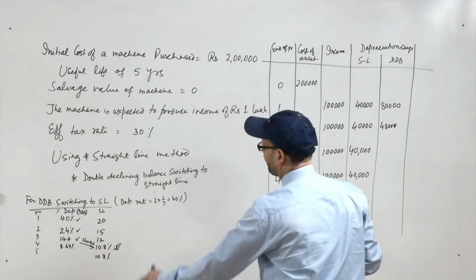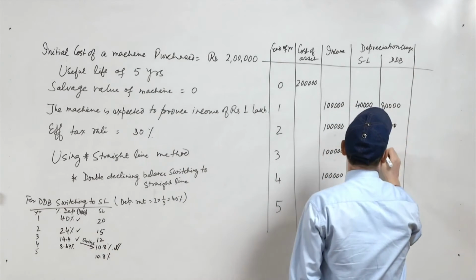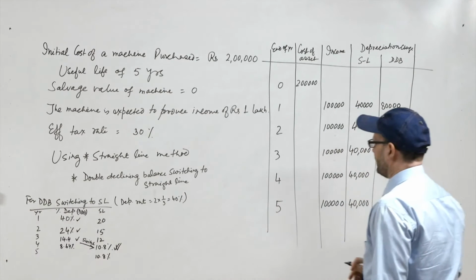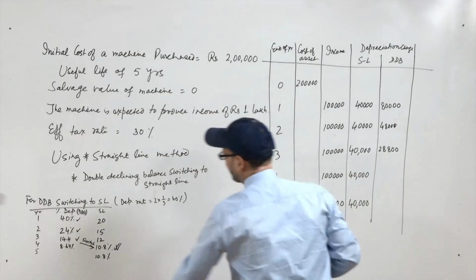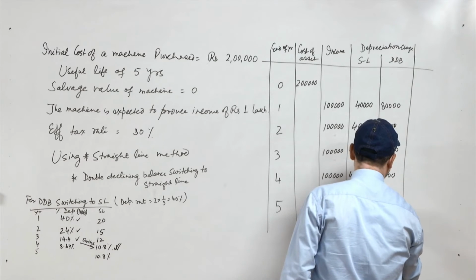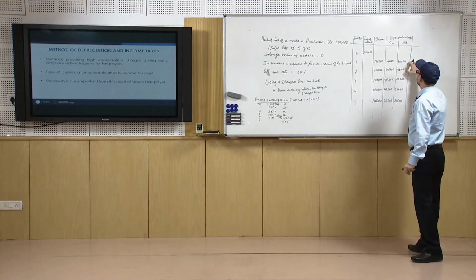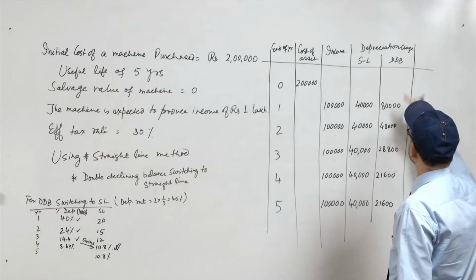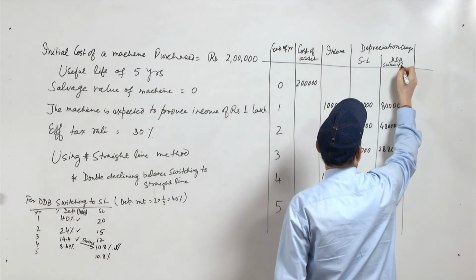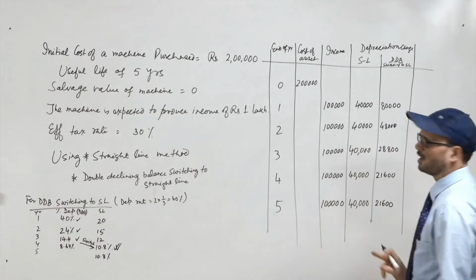Then you have 14.4% of 2 lakh, so 28,800, and for the rest 2 years it will be switching, so it will be 21,600 and 21,600. So, this is how the depreciation charge will be calculated using the DDB method, switching to straight line, and in this case this is the amount.